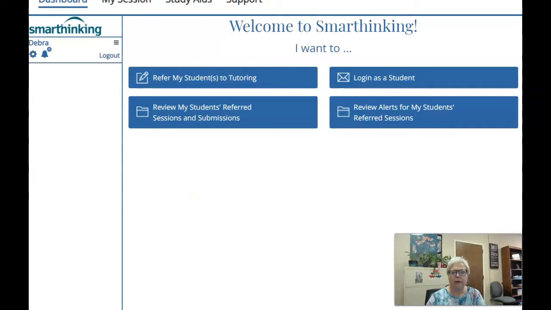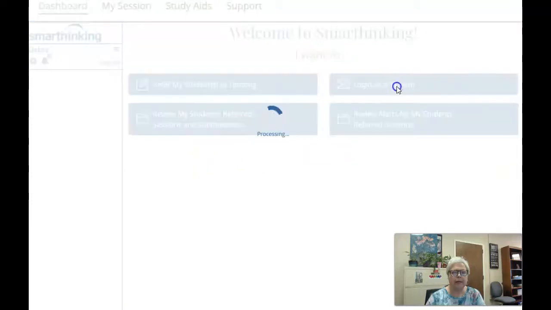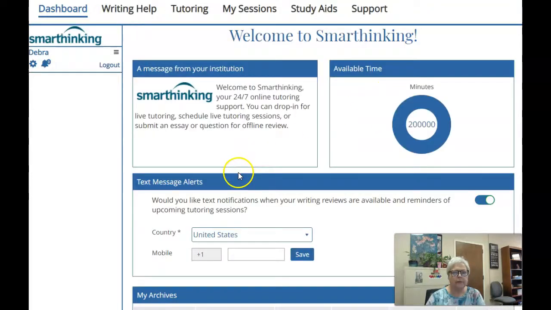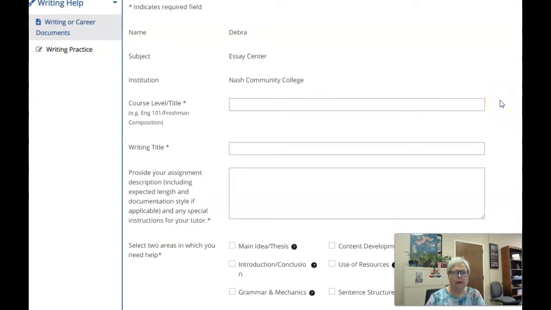Remember, when you're at Smart Thinking, you want to, of course, log in as a student, and then you want to go for writing help, go to the Essay Center, and then when it asks for the description, that's where you put that in.